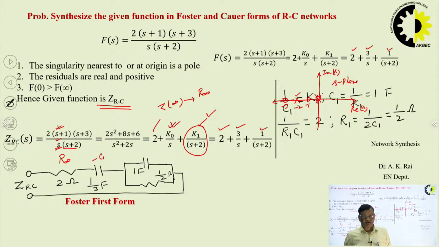Before carrying out the partial fraction expansion, check whether the given function is proper rational or not. If not, then divide the numerator by the denominator to get the proper rational function, and then do the partial fraction, find the constant, and we can get this.